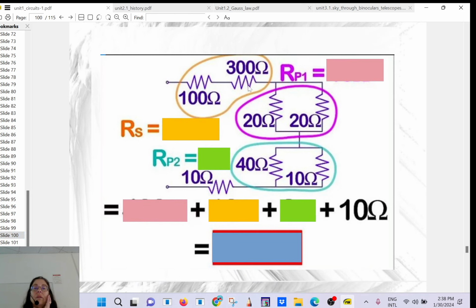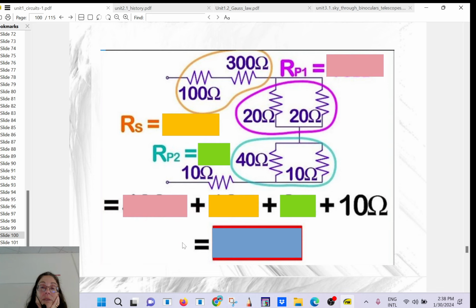Okay, so let's try to do this one together. You have, so now if you can see, it goes like this, and then you have 2 branch combine, 2 branch combine, go here. So try to do this one.